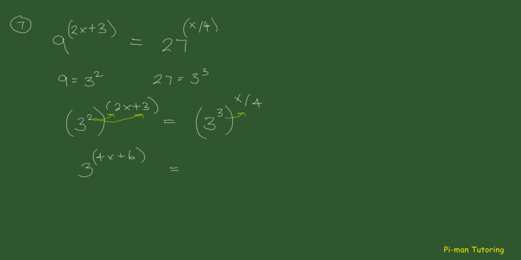And on this side, I've got 3 to the power of, now I'm multiplying 3 by this fraction x over 4. Don't make the mistake of multiplying the top and the bottom. That'll have no effect whatsoever. So 3 multiplied by x over 4 really means 3 over 1 multiplied by x over 4. And so we multiply the top and we multiply the bottom. So you get 3x over 4.